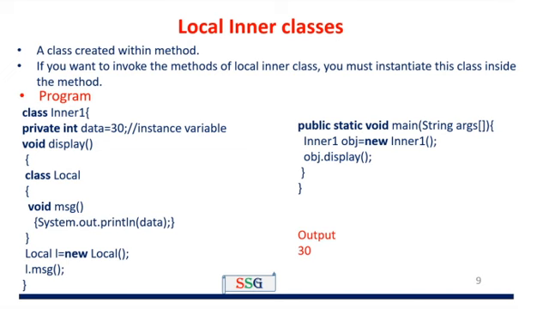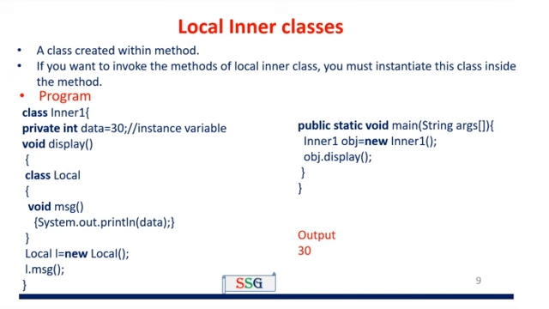Inside the display function we define the inner class and create the object for it. Then Local l = new Local(), the object is created. Then l.message() means control transfers to the message function and prints the value of data, that is, output is 30.